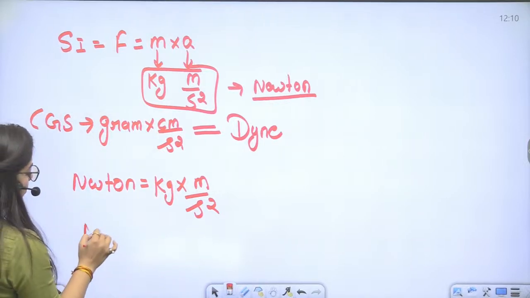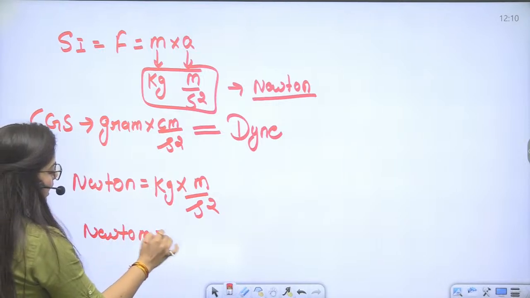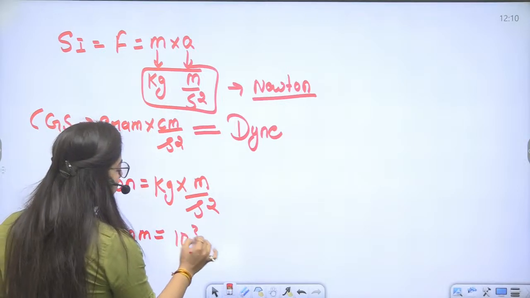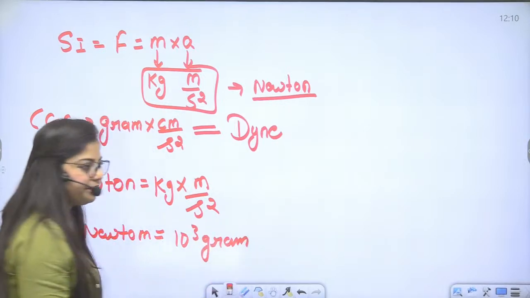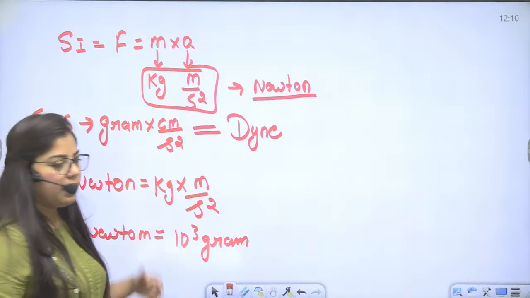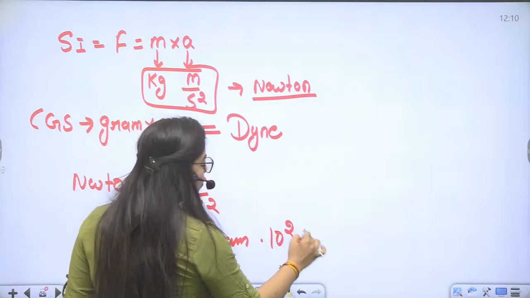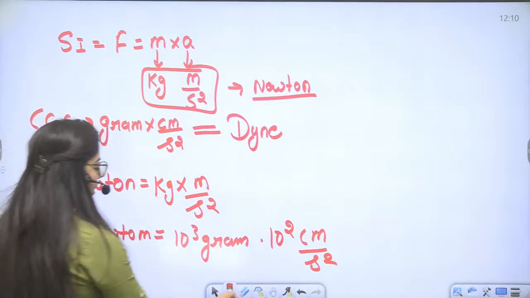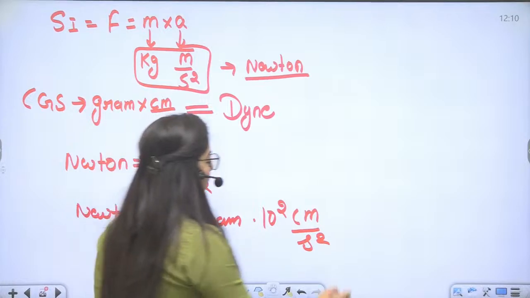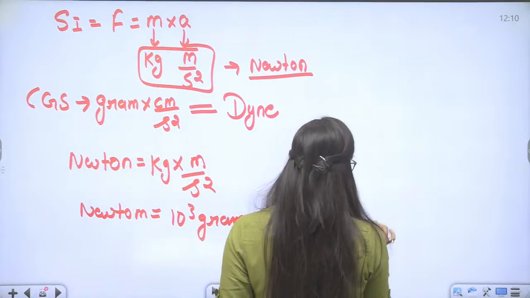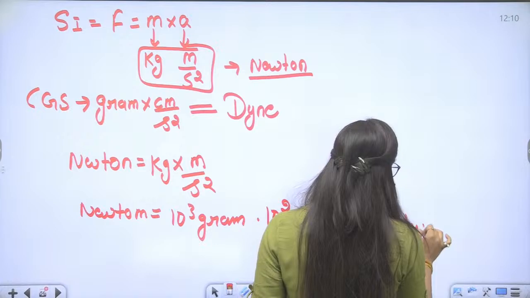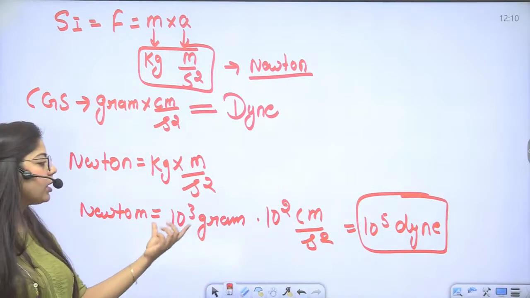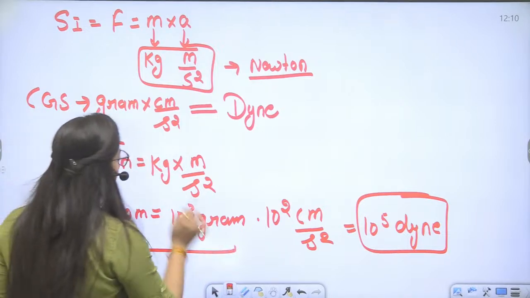This becomes 10 to the power 3 gram into 10 to the power 2 centimeter upon second square, and that is equal to 10 to the power 5 dyne. See, this is how we calculate the dyne, from this method only.